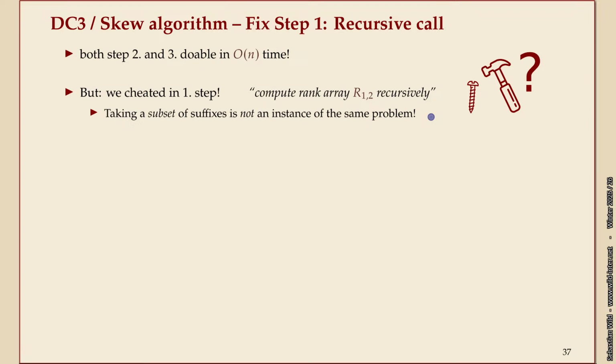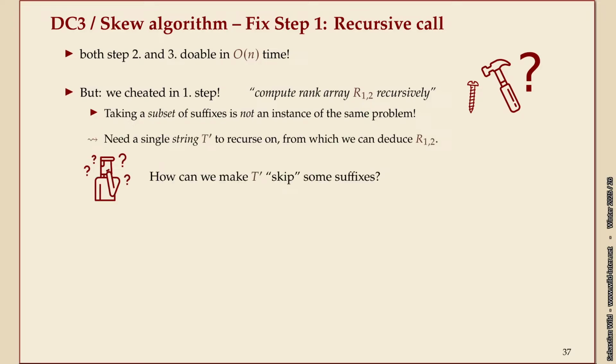But what does that mean? Recurse on what? Like, we can't just take a subset of strings and pretend that that's the same problem. It's not, right? So we somehow have to make it the same problem if you want to stay close to the original formulation. And indeed, that is possible.